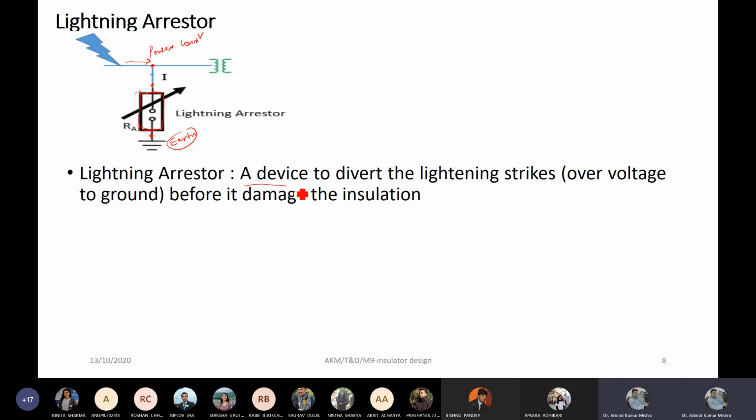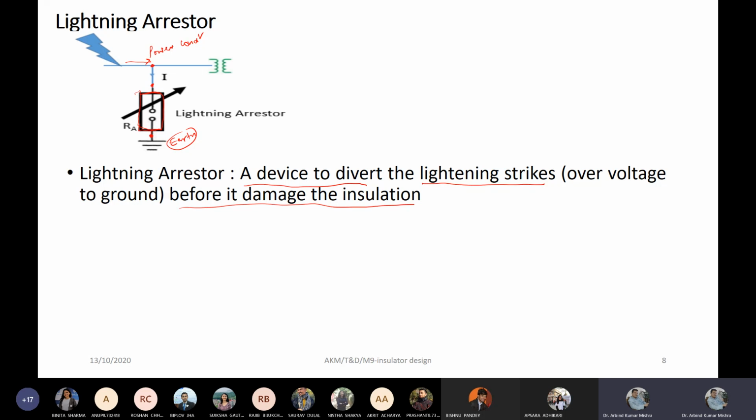So it's a device used to divert the lightning strokes before they damage the insulation, because even if this lightning over voltage appears and persists for some time along the insulation, then it can damage.